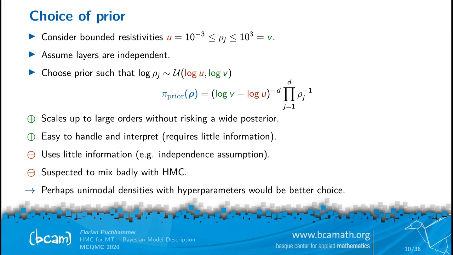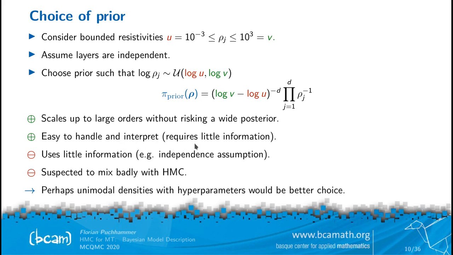For the prior, we chose one that considered only bounded resistivities, so the rho j is always within these bounds and within these limits, and we also assumed that the layers are independent. Okay, and then we choose the prior such that the log resistivities are uniformly distributed within corresponding bounds. The big advantage of choosing such a prior is that we can scale up to large orders, but at the same time the posterior will not get too wide, and it's easy to handle because we only require very little information.